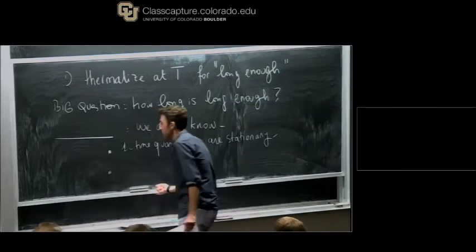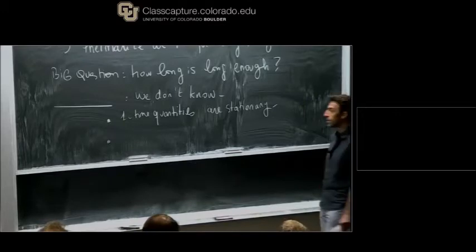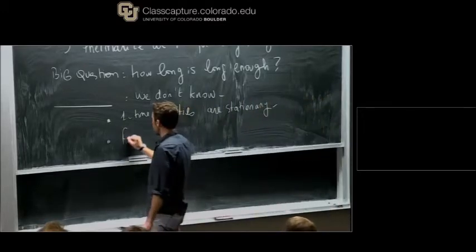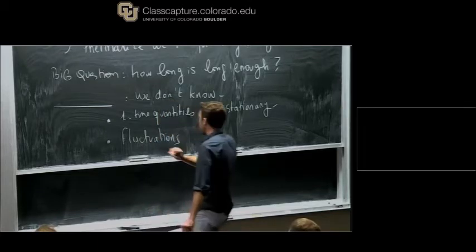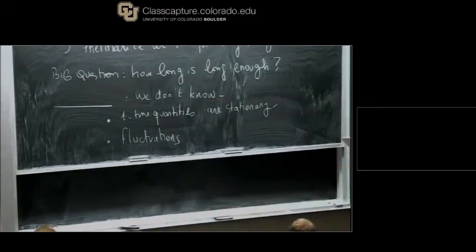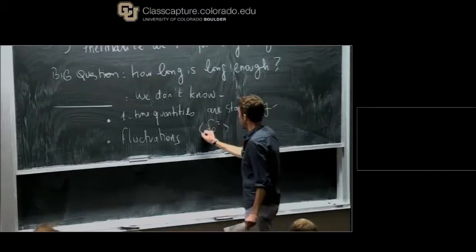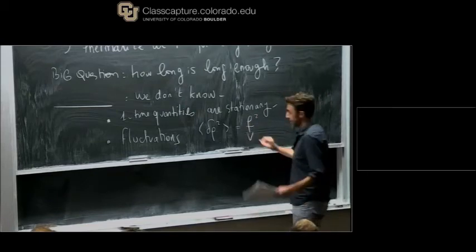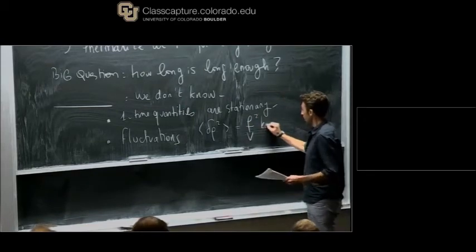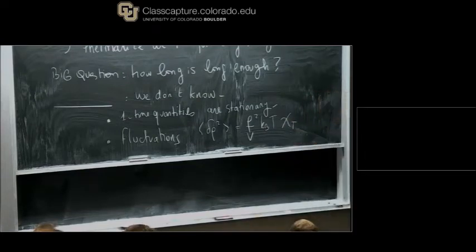So you can be a bit more demanding, and you can be interested in the fluctuations of these one-time quantities. We've seen examples in the first lecture. For instance, if you look at the fluctuations of the number density, we've seen that it follows a kind of fluctuation dissipation theorem, and it's related to the isothermal compressibility.